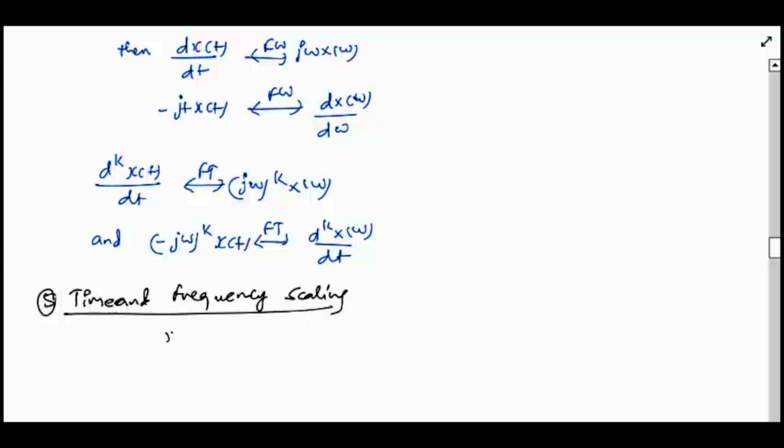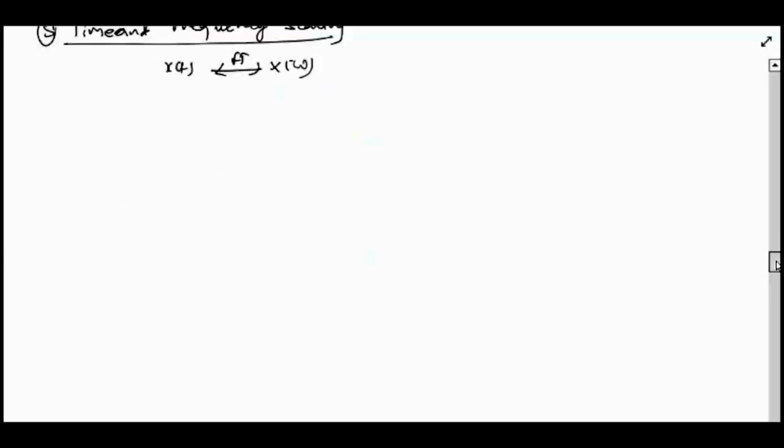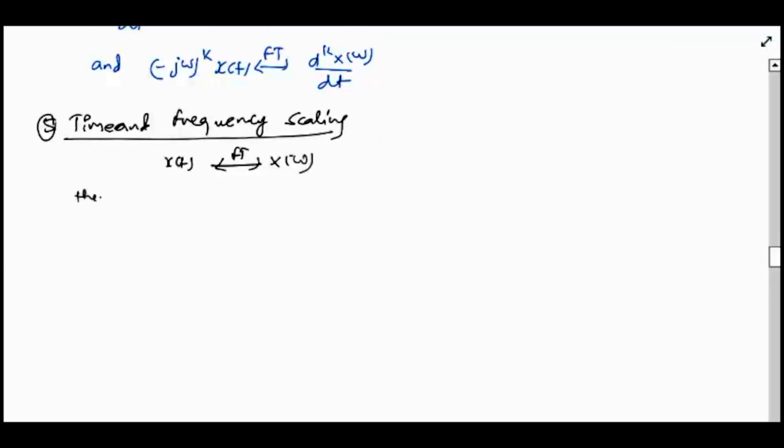Okay, so this says that if x(t) has Fourier transform X(omega), then x(at), where a is a non-zero number, will have Fourier transform 1 over mod of a times X(omega/a). Let's see an example.